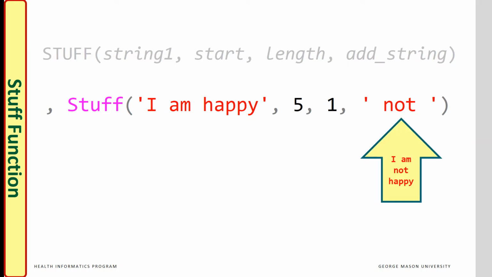In the last parameter, we specify what should be inserted starting at character 5. Instead of the deleted space, we insert the new string " not " with leading and trailing spaces. We have now changed "I am happy" to "I am not happy."